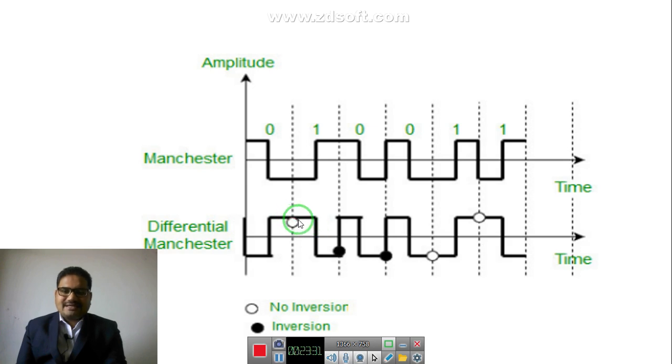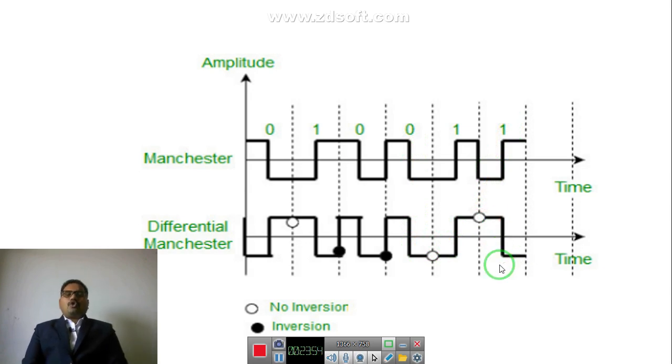It is carry forwarding the same, that is plus V to minus V. But again 0 is there, so it is going to make a transition from minus V to plus V volt, and from plus V volt to minus V volt, again a transition as bit 0 is there. After that bit 1 is there, so no transition, and again there is a bit 1, there is no transition. So hope you understood both Manchester and differential Manchester.